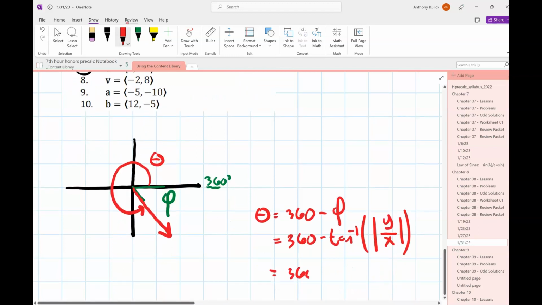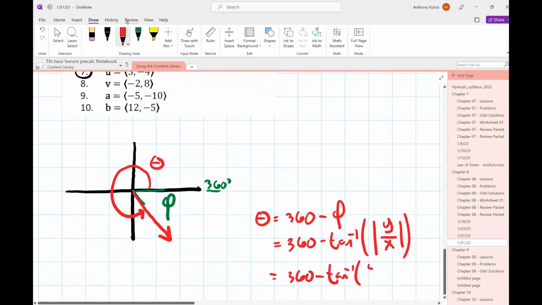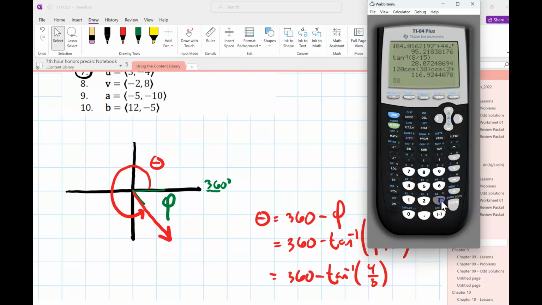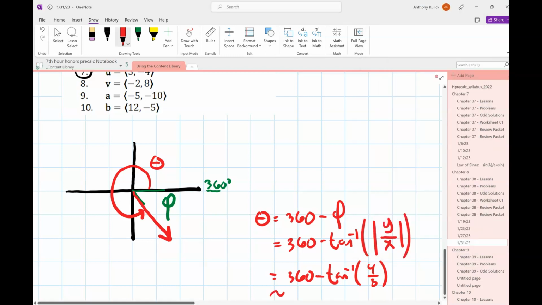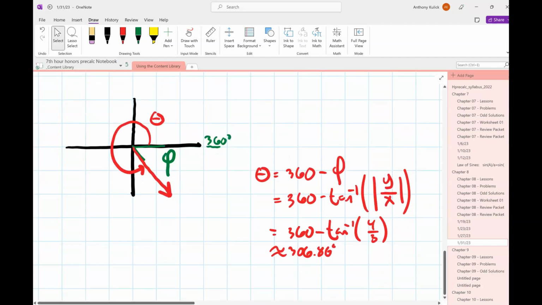So in this problem, it's just going to be 4/3. So I did the absolute value there, and that's all I'm going to type into my calculator. I'm trying to do this the exact same way that we did last semester. So 306.86. If it's in the first quadrant, it would just be 0 plus phi.